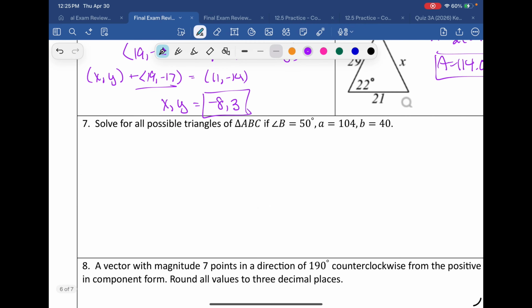Solve for all possible triangles, ABC, if B is 50, A is 104, B is 40. Okay, side angle. This is law of sines.